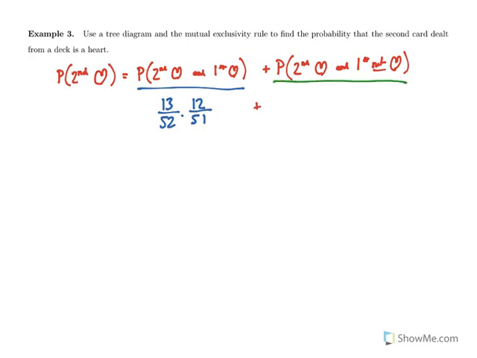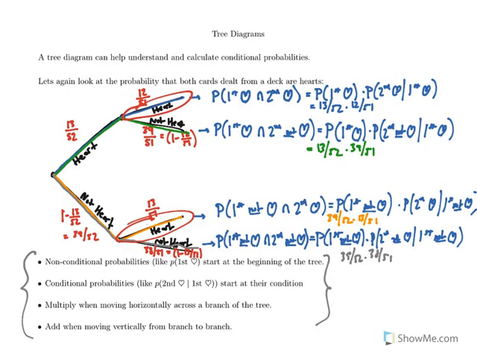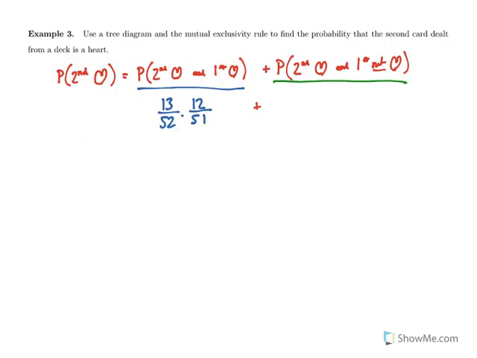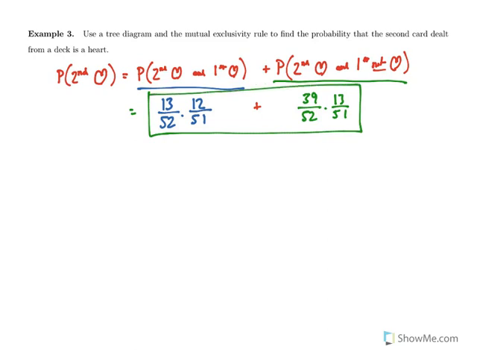And this guy is going to be the probability of the second is a heart and first not a heart. Go back to it. We're looking at this calculation here. 39 over 52 times 13 over 51. And this is our probability that we could simplify there.